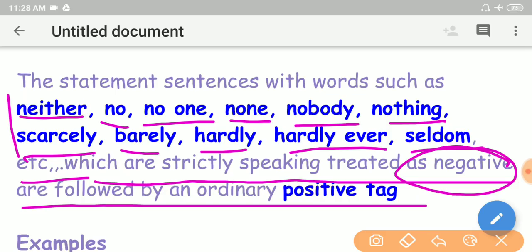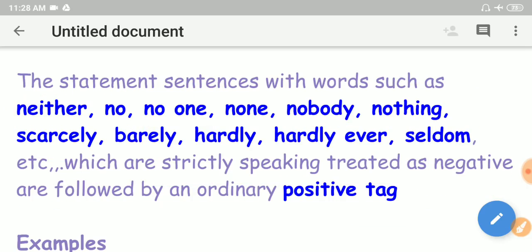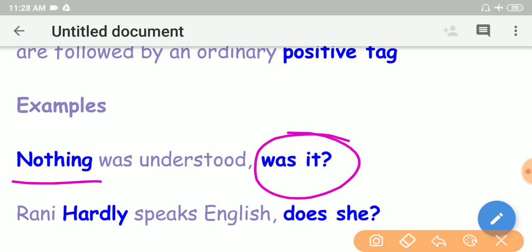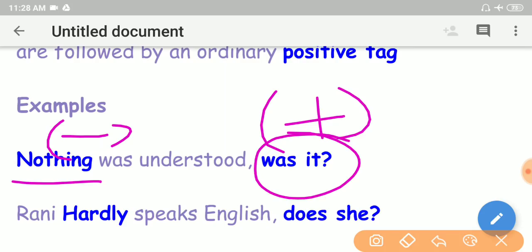That means if the sentence begins with negative words, the tag should be positive, my dear friends. For example, nothing was understood, was it? Because this is negative, the tag should be positive.